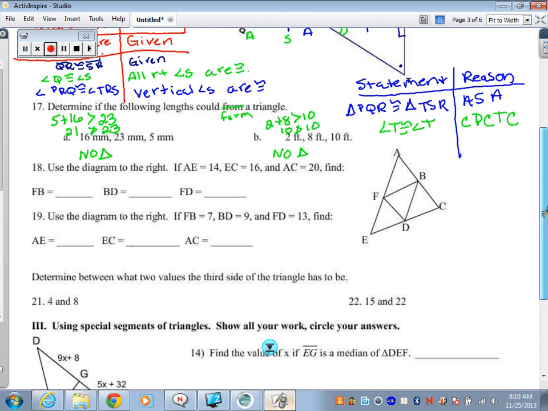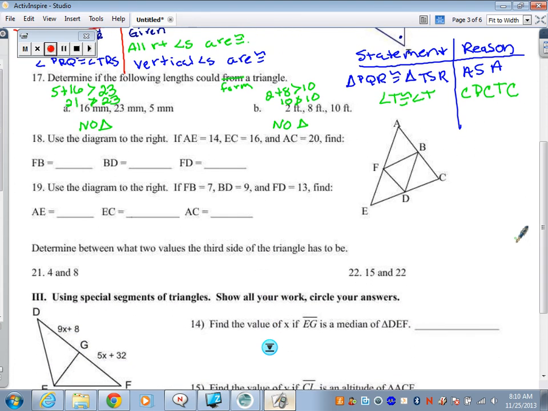All right, use the diagram to the right. If AE is 14, these two sides are parallel. BD is your midsegment. If AE is 14, then BD is 7.